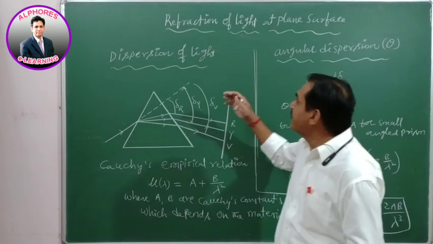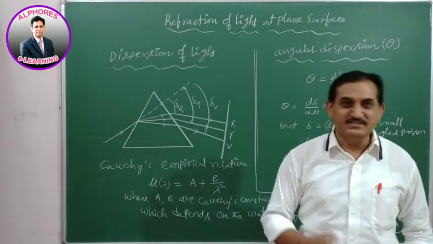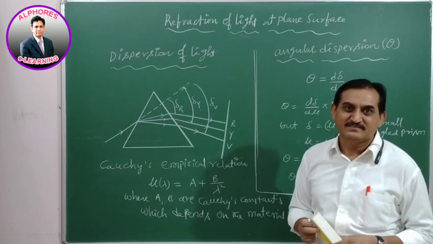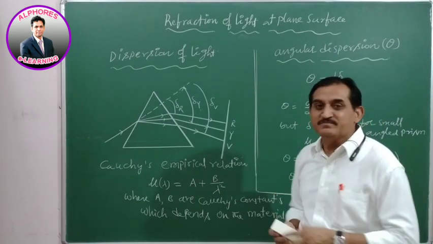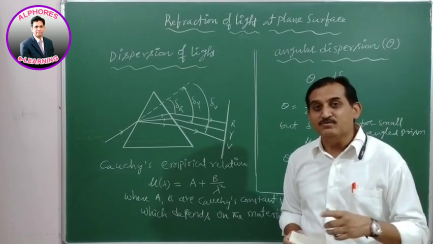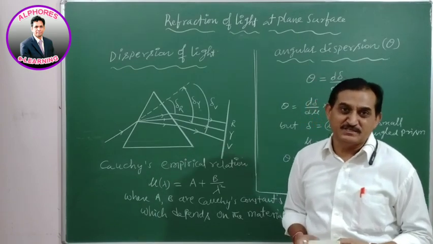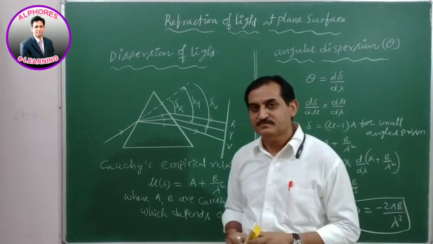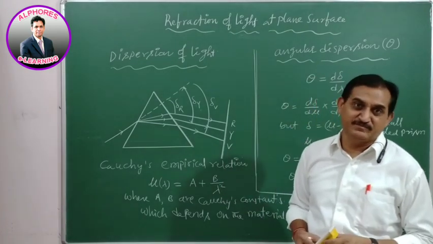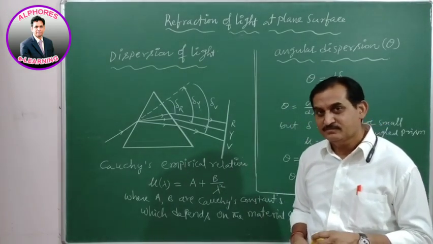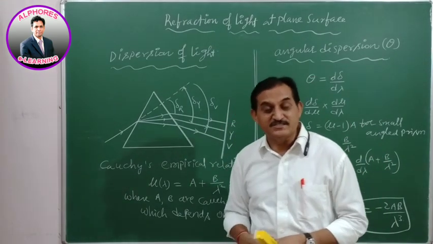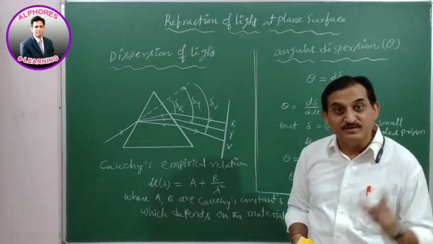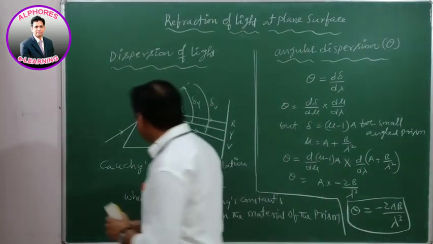The dispersion of light happens because of this reason. The material medium of the prism has different refractive indices for different colors in accordance with their wavelengths, so that there is dispersion of light, splitting the 7 colors from white light.